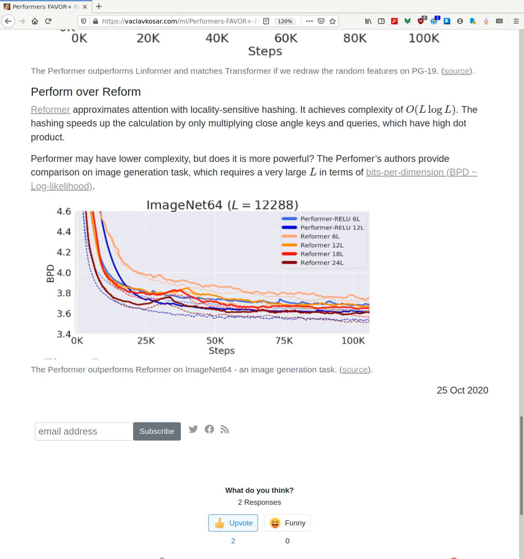They take all the vectors together which they will need to multiply to generate the attention matrix, and first do a very quick calculation of which ones can have a zero dot product and which ones a non-zero dot product. Then they calculate those dot products. So the complexity is non-linear. It's L log L for Reformer.